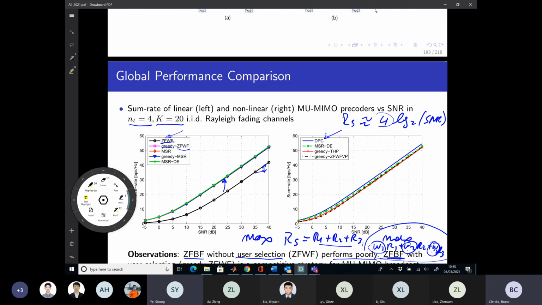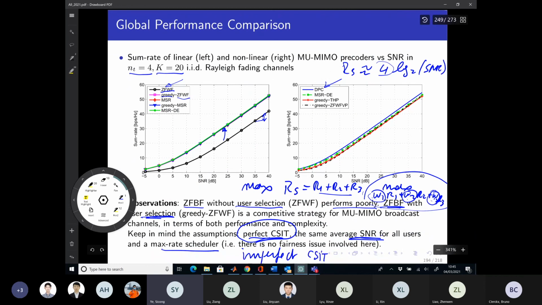Is it due to the computational complexity or something else why we use uniform, not water filling? Well, it's related to computational complexity as well, but in practice, if you do scheduling, you do a form of water filling already. Let's say you have 20 users and you schedule 4 out of 20, and you have 4 antennas.